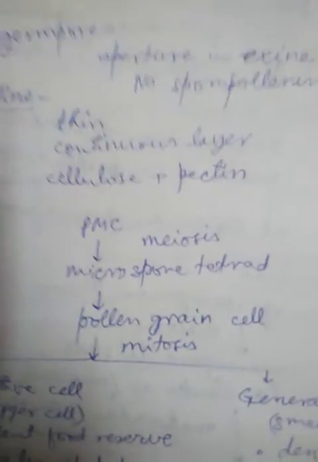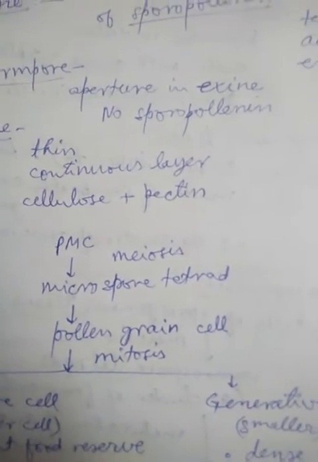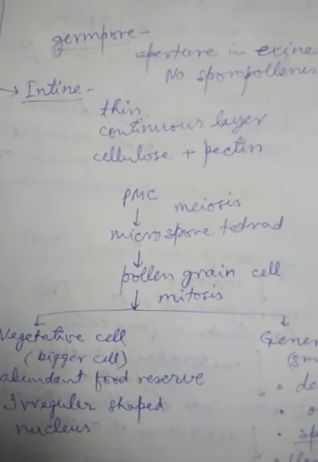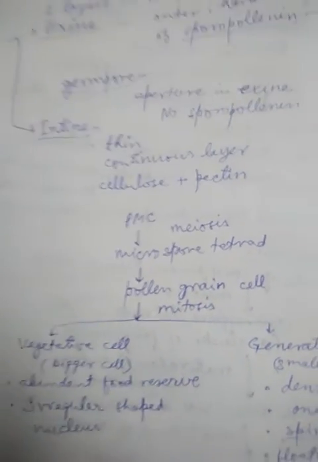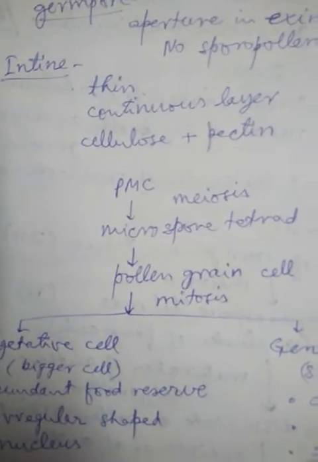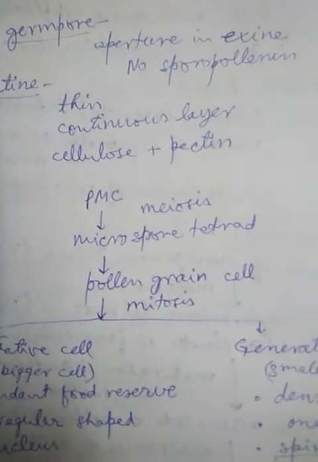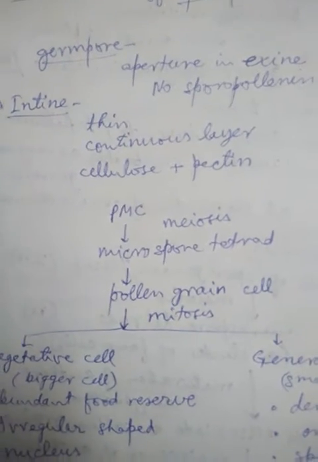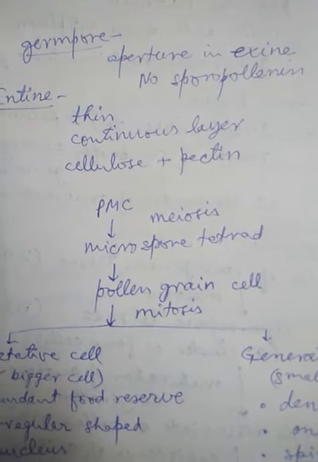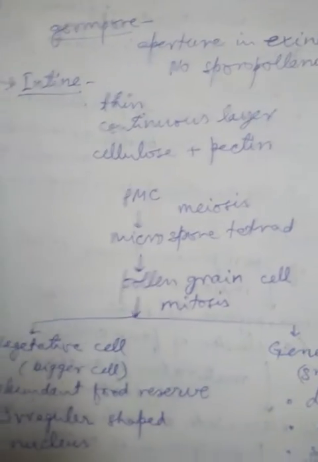So when the microspore tetrad is formed and a single pollen grain cell, which is haploid, is formed, after that there is again cell division. Because it has already undergone meiosis, the reduction division, now it will undergo mitosis. In mitosis you will get a similar copy of the cell, because mitosis is an equational division where two similar kinds of cells are produced.